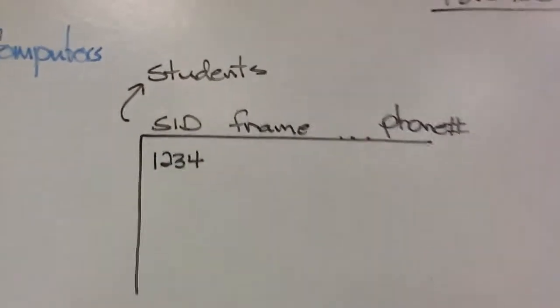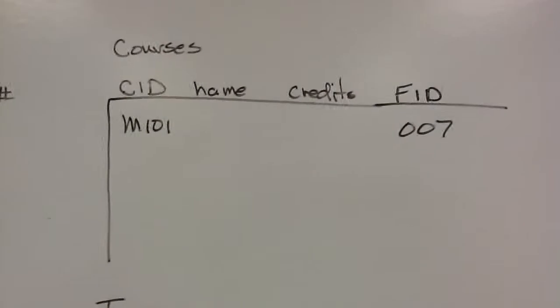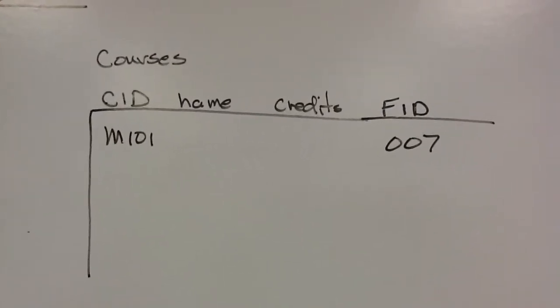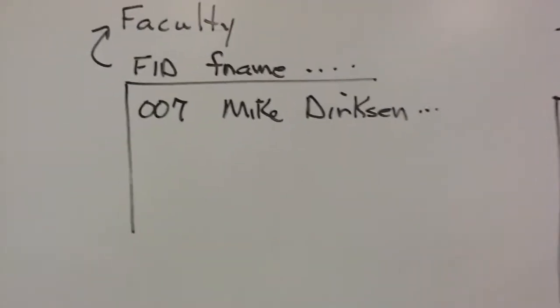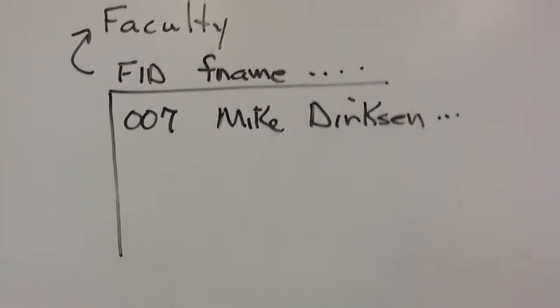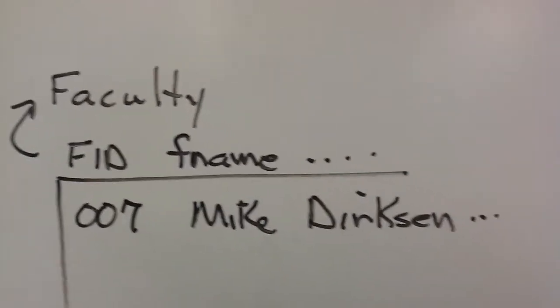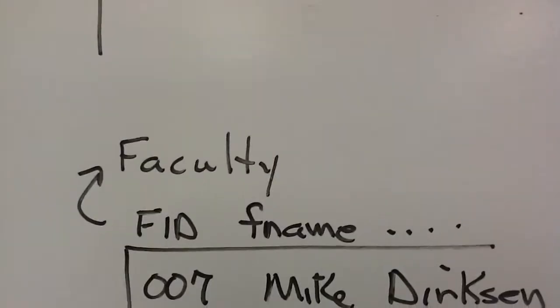You want those attributes to relate directly back to students. And then we talked about college has courses, and the information in here relates directly to courses. And we said there's faculty at a college, for example, 007, Mike Dirksen. All the information, these attributes here, relate to a faculty member.